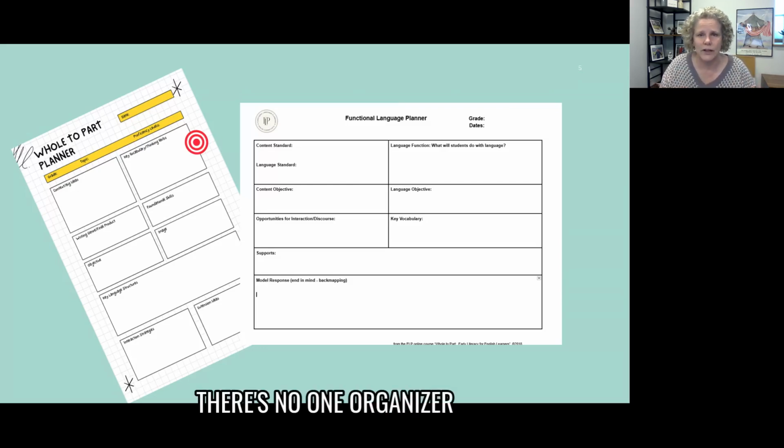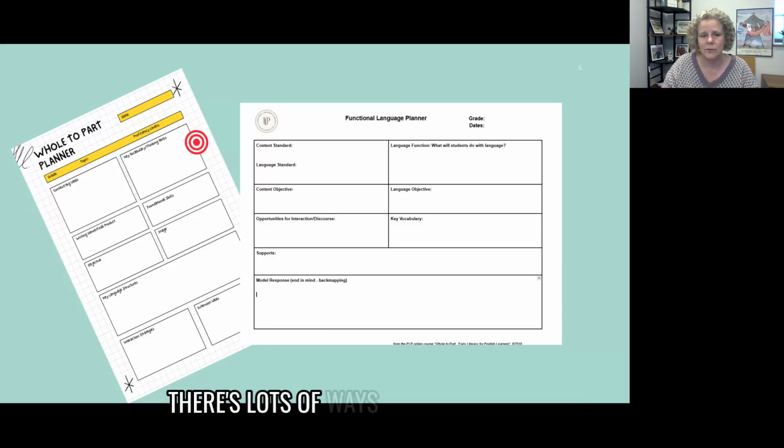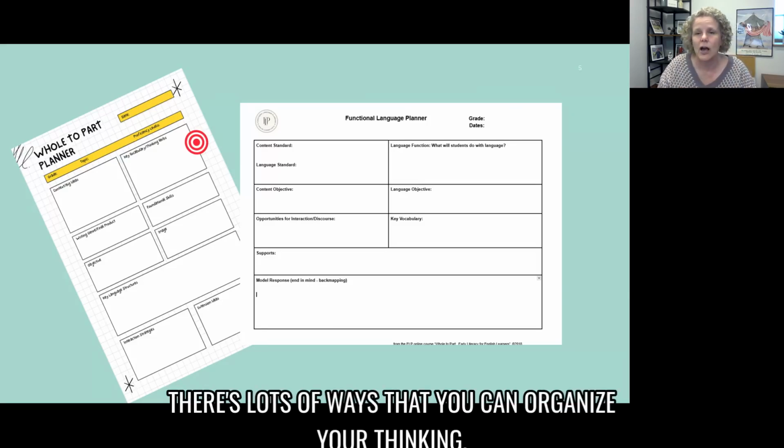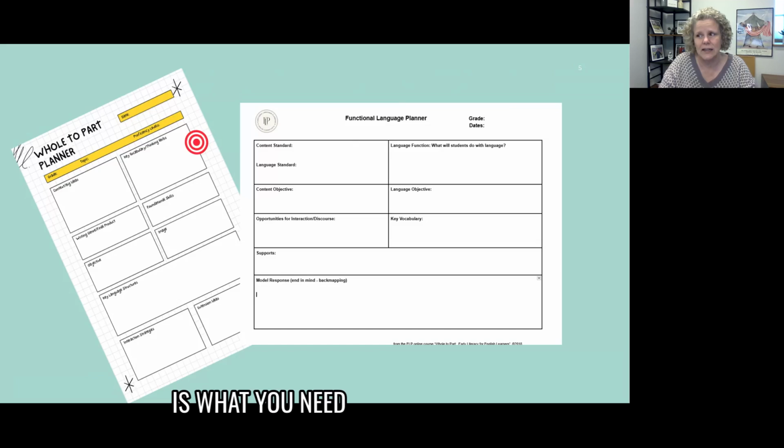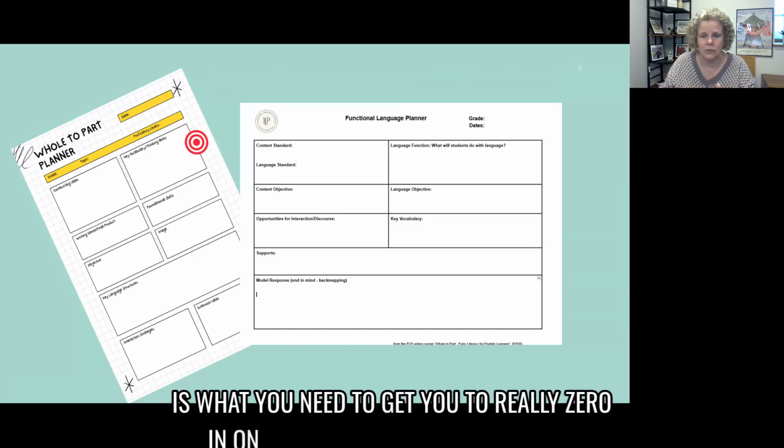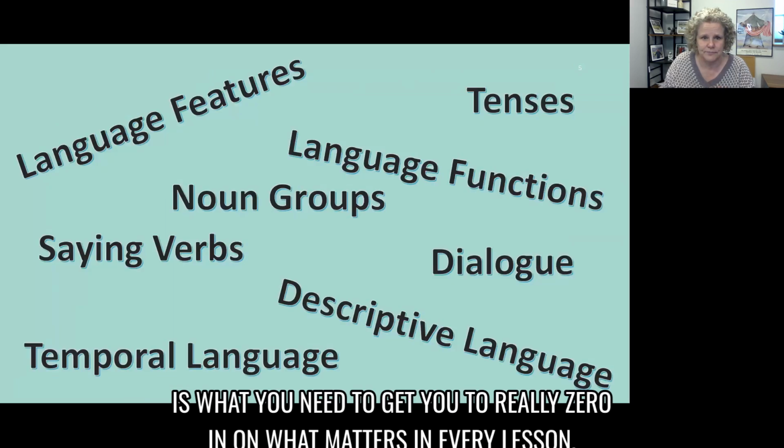There's no one organizer way to do it. There are lots of ways that you can organize your thinking, but the big ideas are the big ideas. And becoming a functional language planning expert is what you need to really zero in on what matters in every lesson.